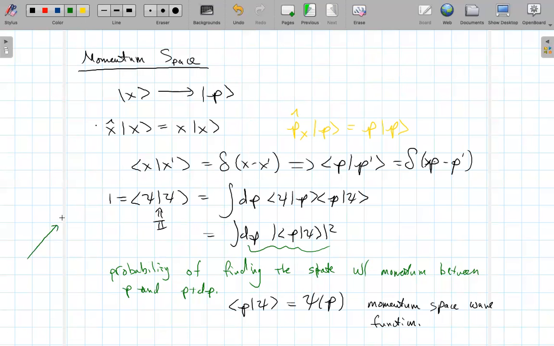Right? So if this is my state psi, and this is my momentum basis P, then this is the inner product between the two, which is the projection of the state onto the momentum basis. So this is then P psi. Okay, all this means is we're projecting our spin state onto the momentum basis. Or more in general, not just our spin state, but our quantum state onto the momentum basis.